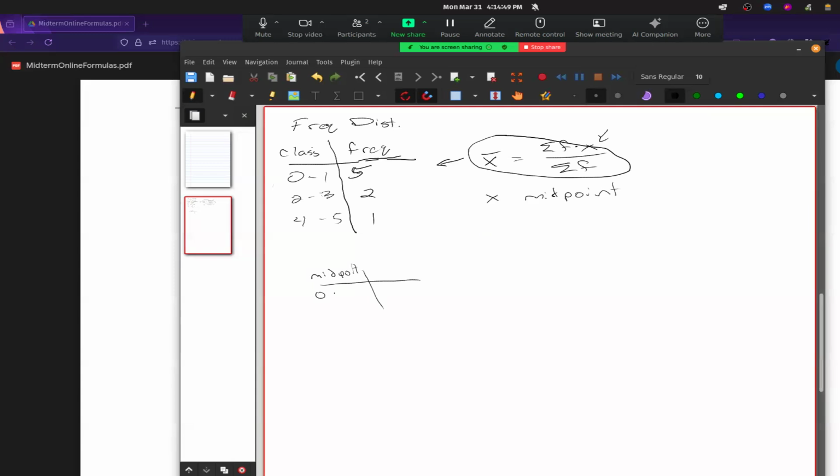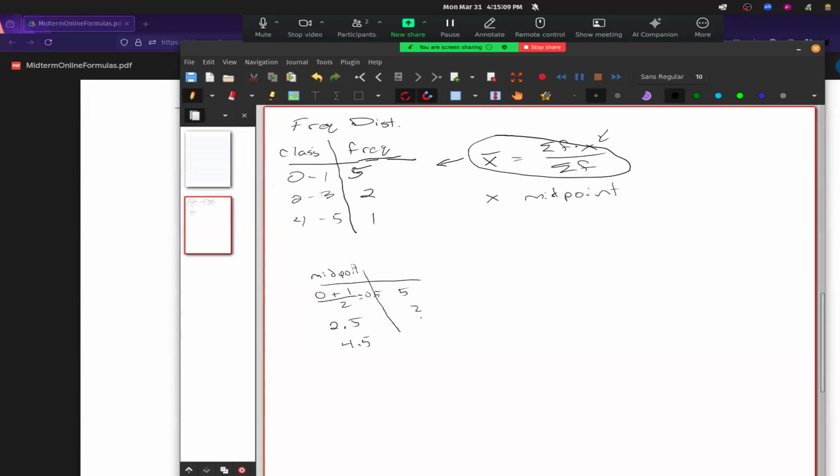So you'd take the upper class limit and the lower class limit, add them together, and divide by 2. Well, of course, that's 0.5. And so the next midpoint would be 2.5. The next one, the midpoint would be 4.5.